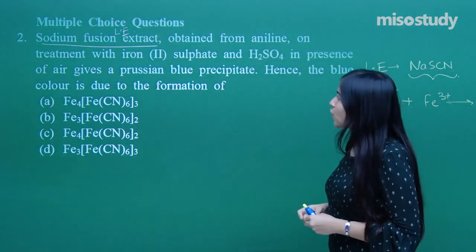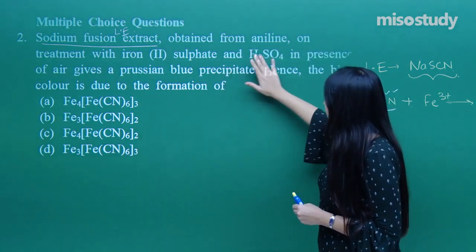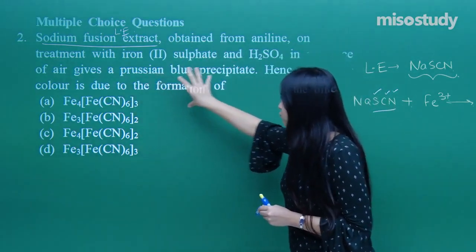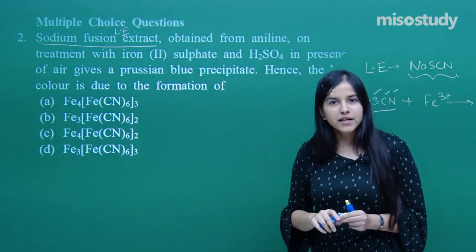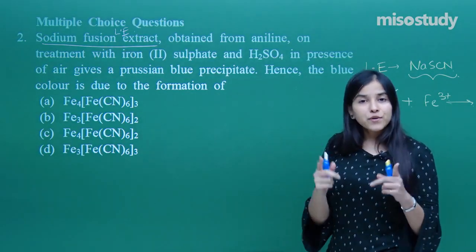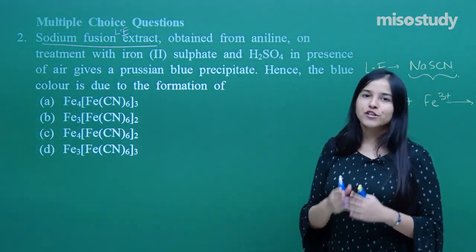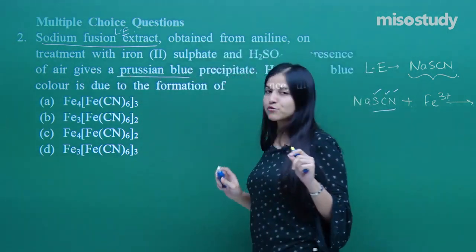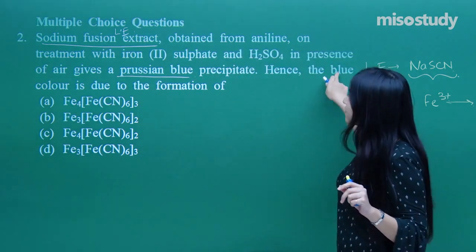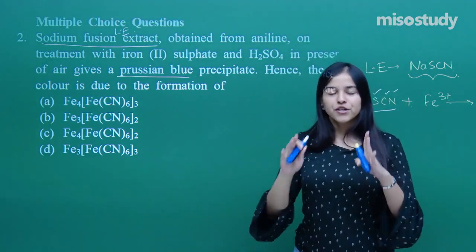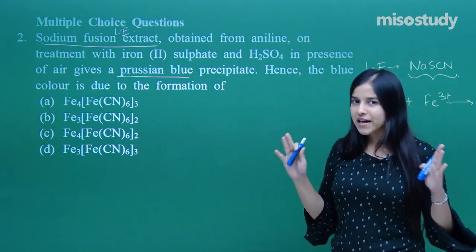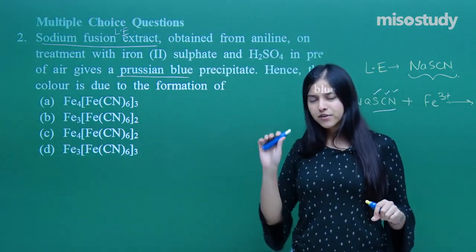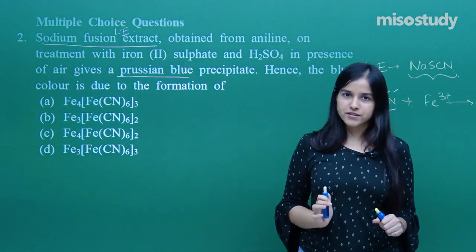Obtained from aniline on treatment with iron sulfate and sulfuric acid in the presence of air, it gives Prussian blue color. Again, it will remind you of the test for nitrogen, right? That is the detection test for nitrogen where we get the Prussian blue color. Hence, the blue color is due to the formation of... You need proper knowledge about what reactions are going on. But as you can see, it's a multiple choice question, so we need to be very careful while choosing our choices.